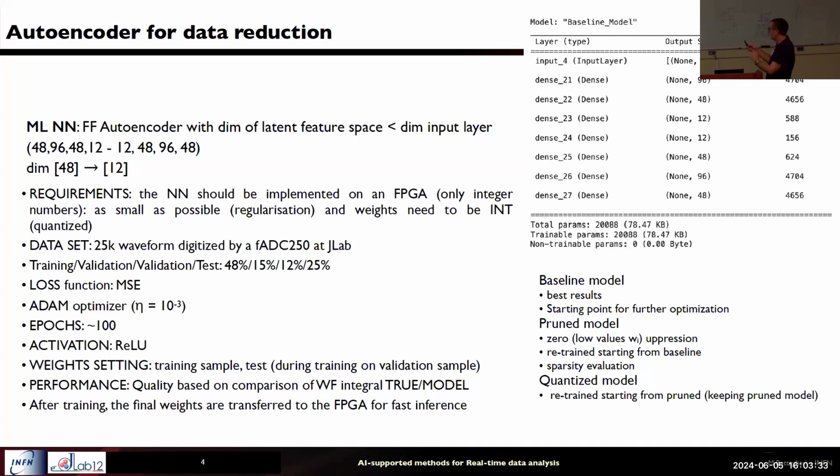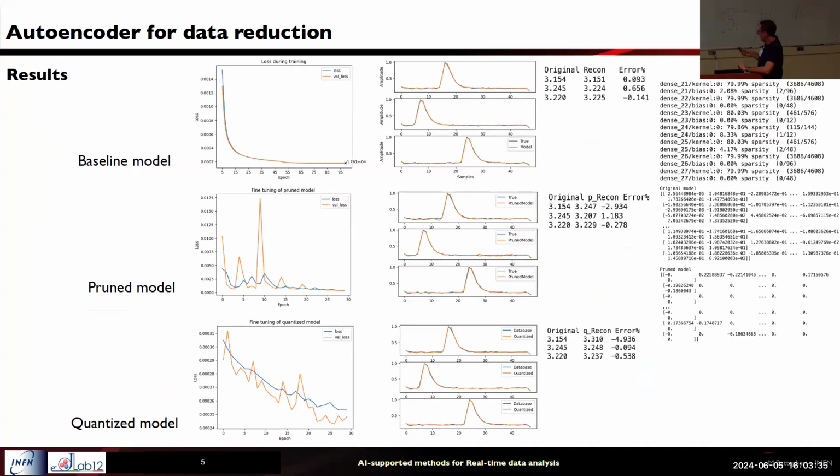Yeah, because if you look at the loss function, for instance, this is a validation. Validation is a subset of the training sample that you use while you are training to check, in real time, whether your new set of weights is getting better or worse.